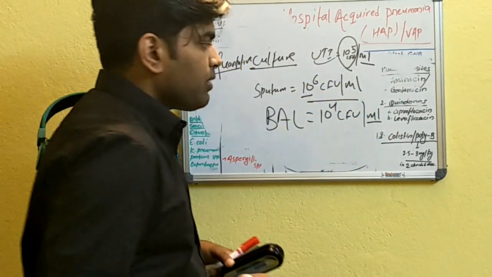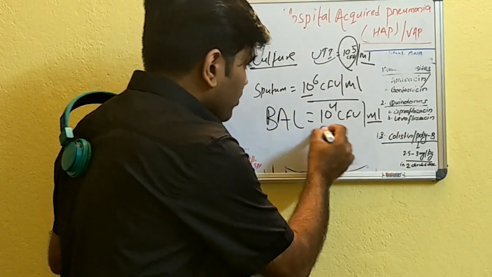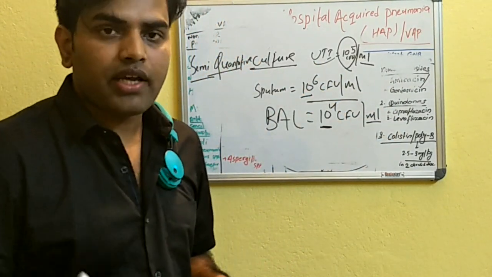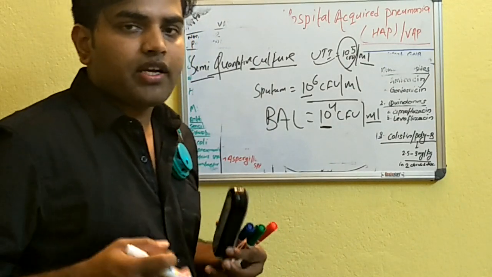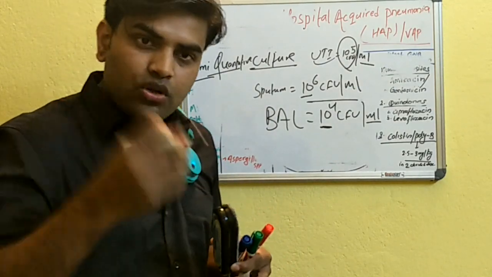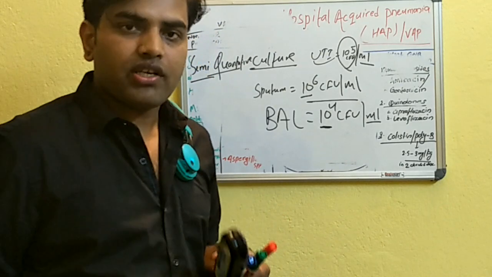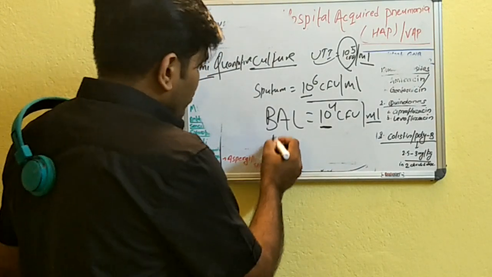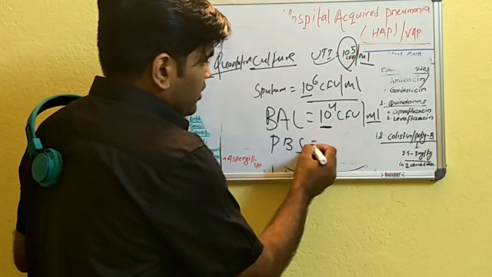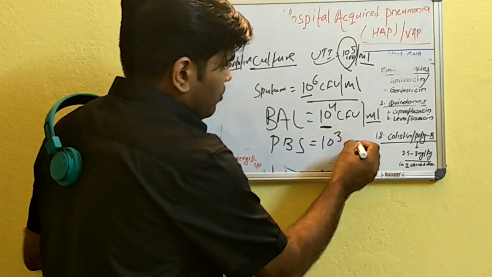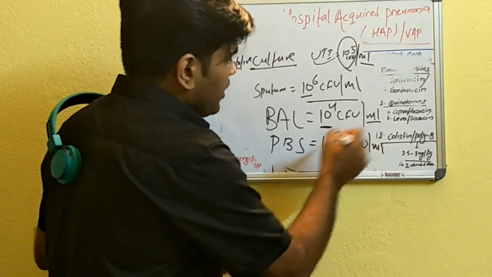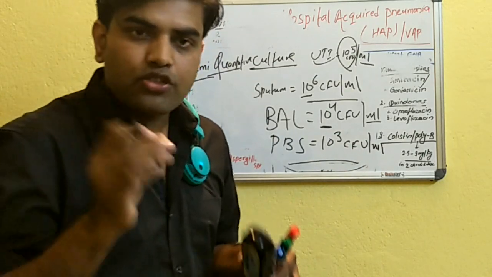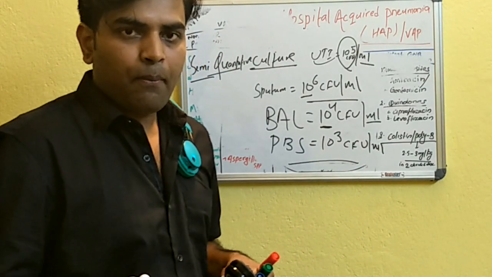Then only can we consider the lower respiratory tract, where a bacteria is multiplying and causing the infection. If it is a protected bronchial specimen, then at least 10 to the power 3 CFU per ml is required to say an actual respiratory tract infection is going on.